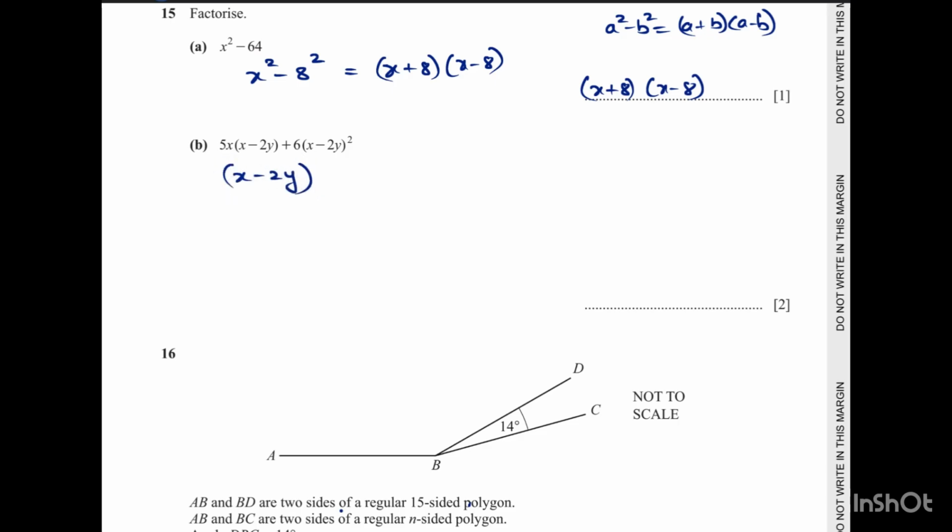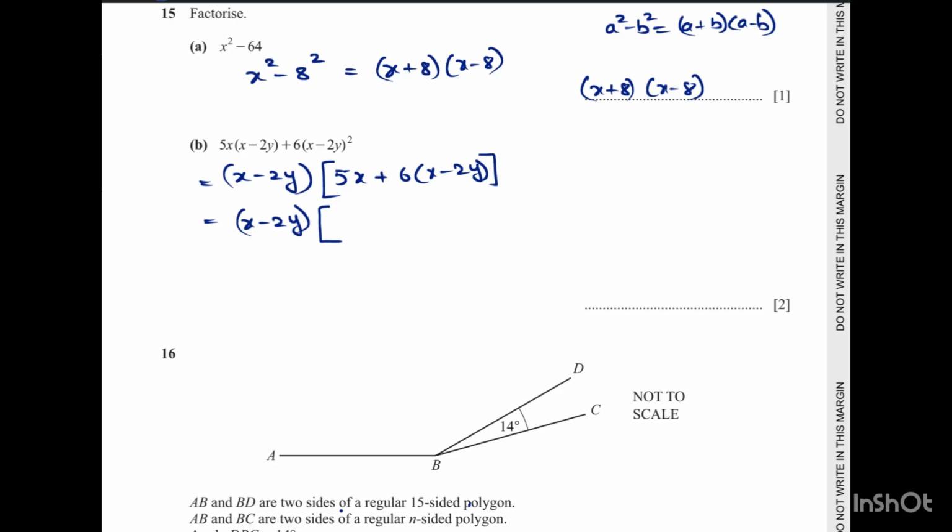In the first term, 5x will be left. Then next term 6 will be left, and one more x minus 2y will be left because that is square. One we have taken as common. So now simplify inside the square bracket.